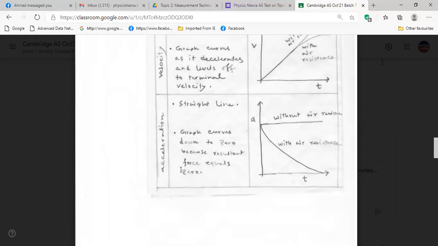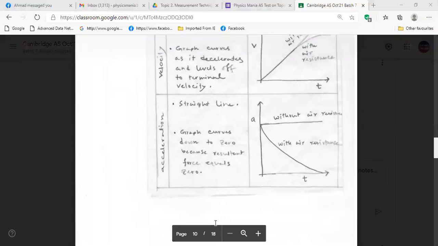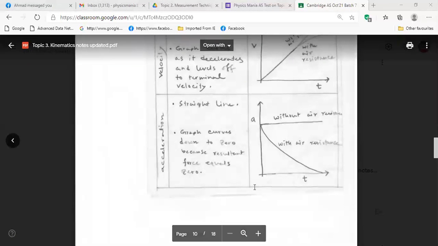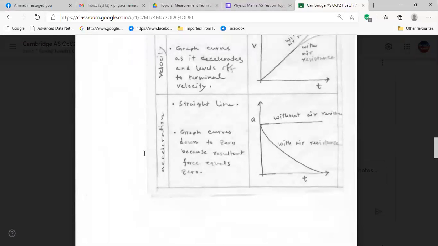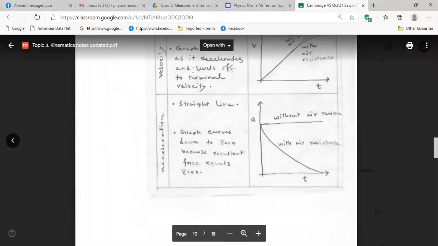Done, everyone? Navid, done? Hasan, done? Have you understood? Do you have any questions from the graph? Like graph curves will be accelerates. Acceleration decreases, it will not be decelerate. This one should be acceleration decreases.